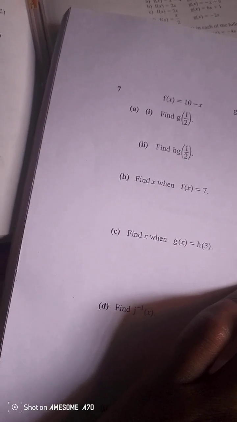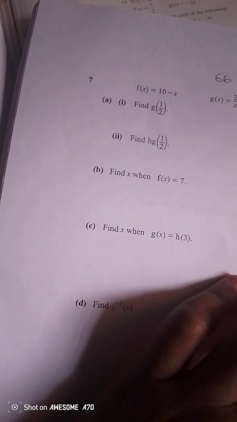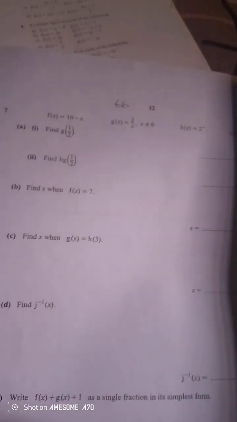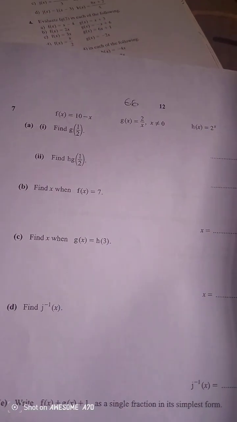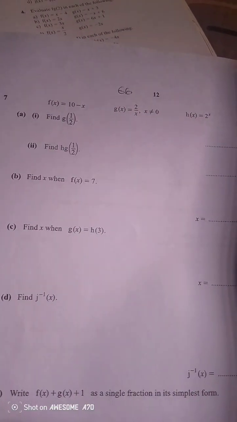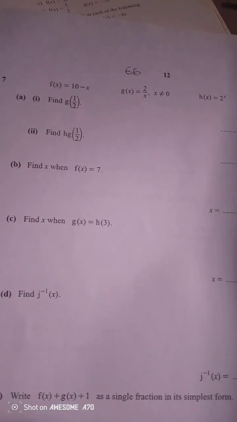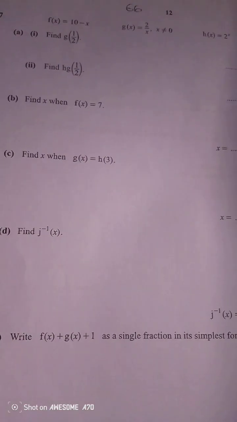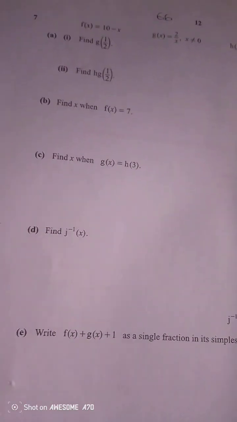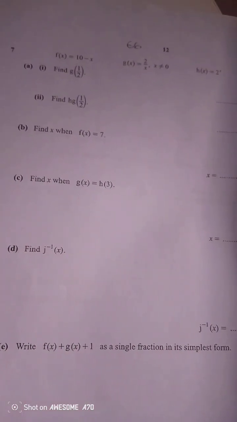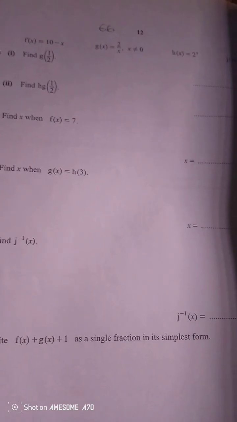B, find x when f of x is equals to 7. C, find x when g of x is equals to h of 3. D, find j inverse of x. E, write f of x plus g of x plus 1 as a single fraction in its simplest form.